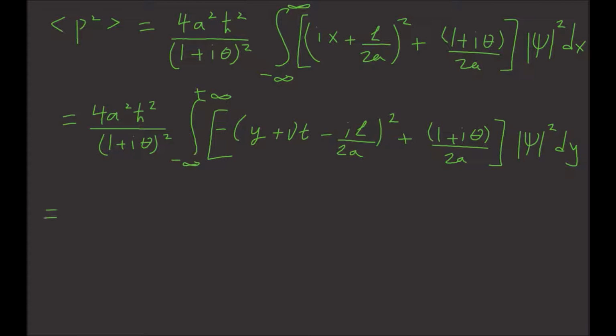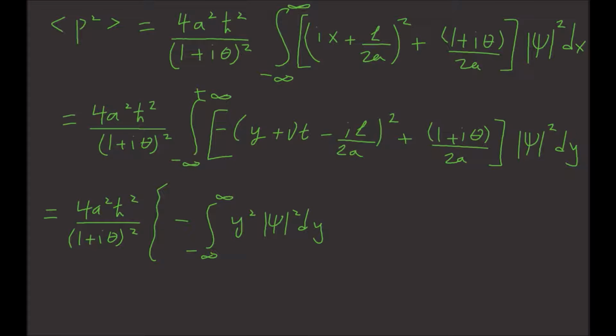So we have this going to be equal to, alright, we have 4 times a square h bar square divided by, that's the same thing, 1 plus I theta square times, let's put curly brackets here, we have minus the integral from minus infinity to infinity of y square psi star psi dy. So that's this first piece here. Remember, because this is squared, so that's the first piece.